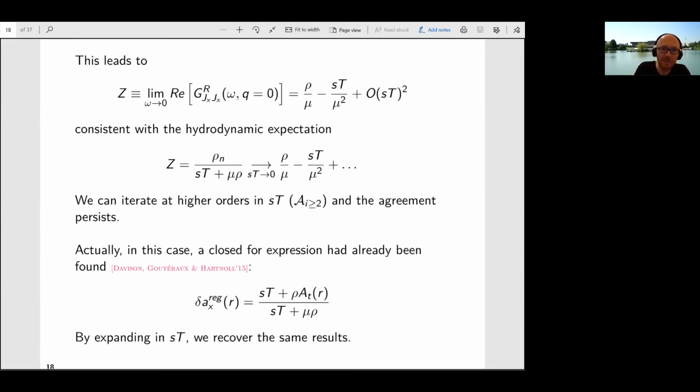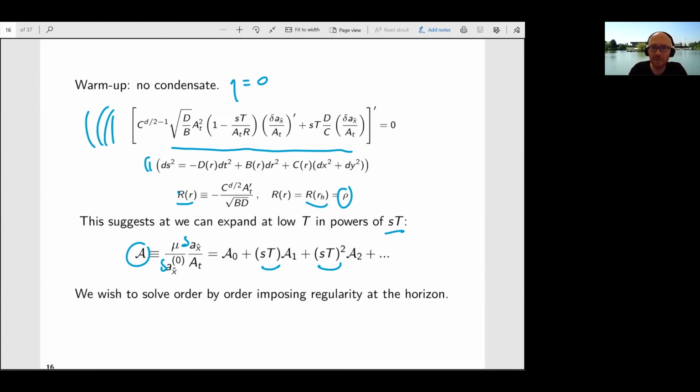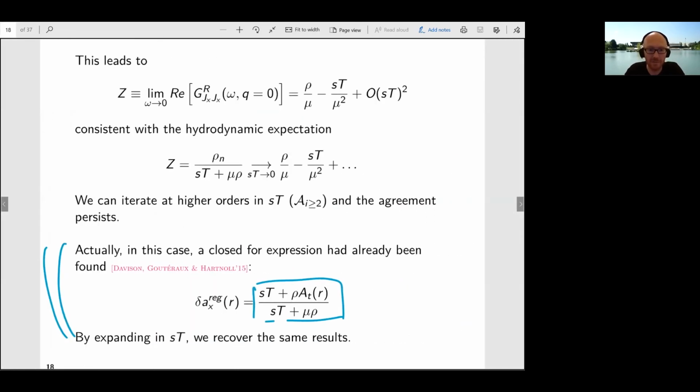Let me discuss it here already. For the case without a condensate, you can actually find a closed form expression for delta AX, for the regular solution. It's just this. You can plug this expression into that equation and you would find that it is a solution. And moreover, this is manifestly regular at the horizon.